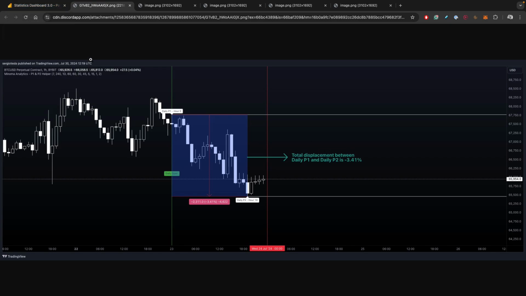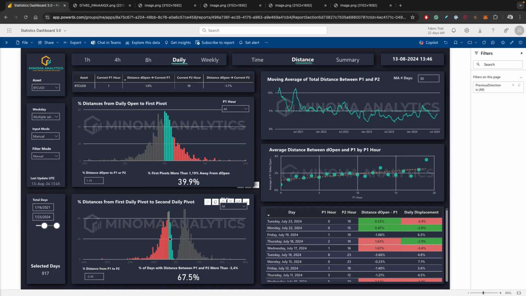So negative 3.41%, we can see that's about here, because price moved down. If we had a positive displacement of 4%, we can see that now the negative is grayed out, because this means that we moved up, aka P1 is the daily low and P2 is the daily high. So everything here means P2 was the daily high, everything on the left means P2 was the daily low.